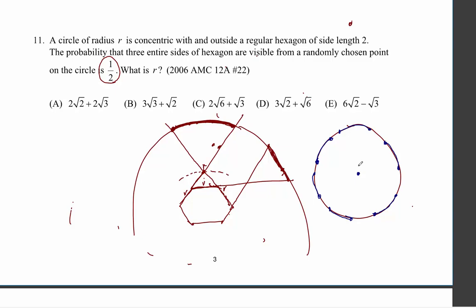So to have 1/2, the sum of all these angles should be what? When you add all these angles, it should be 180 degrees. Altogether 360, to have a probability of 1/2. So we need 180 degrees out of 360 degrees. That is 1/2, isn't it?